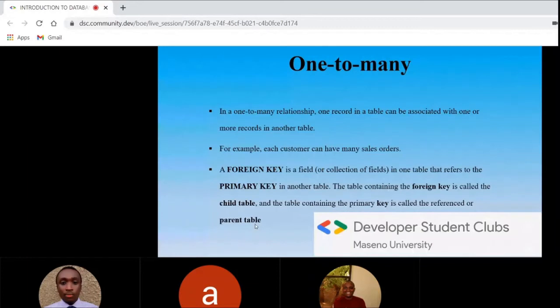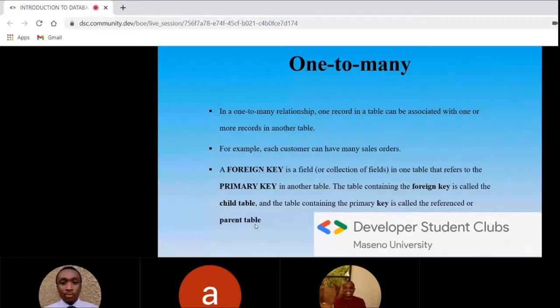For example, there's an example given in this slide of a customer having many sale orders. You're not limited to how many TVs you can buy in Jumia, so you can have a one-to-many relationship with the TVs, or whatever they are calling the sales orders.